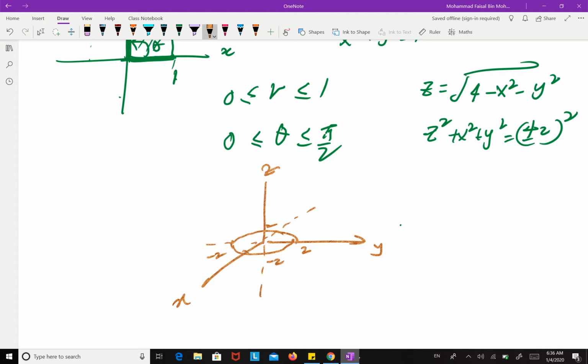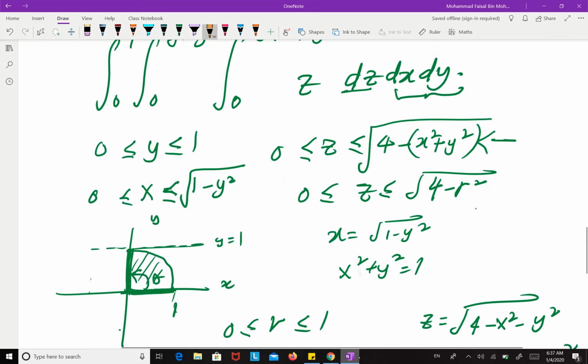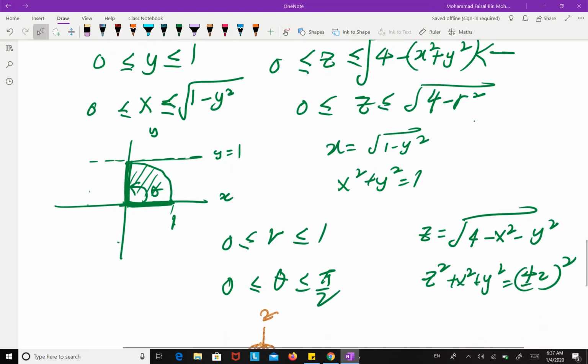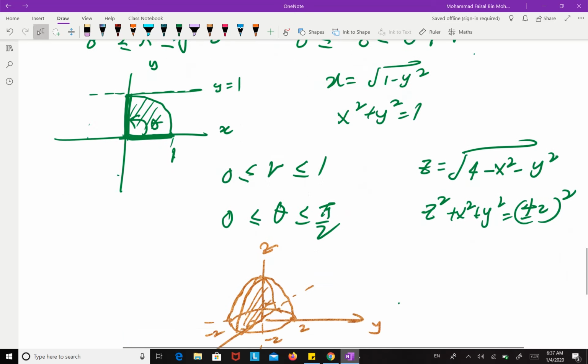And then we have also here. Say I draw like this, and then I have another one from here to here. Okay, so then I have a cylinder with radius 1, but only the first part.